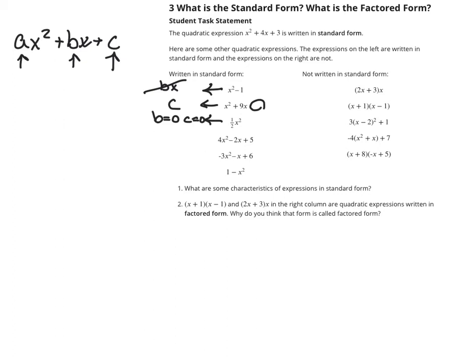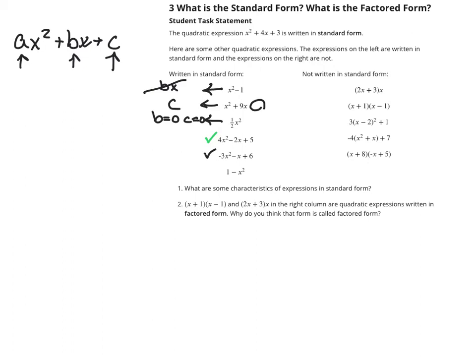I keep on moving. I have 4x squared minus 2x plus 5. That one's intact. Everything's present. All right, this next one, negative 3x squared minus x plus 6. My first term is negative, which is no big deal.